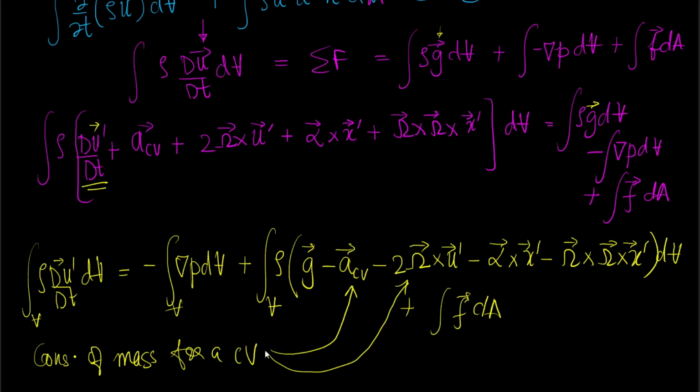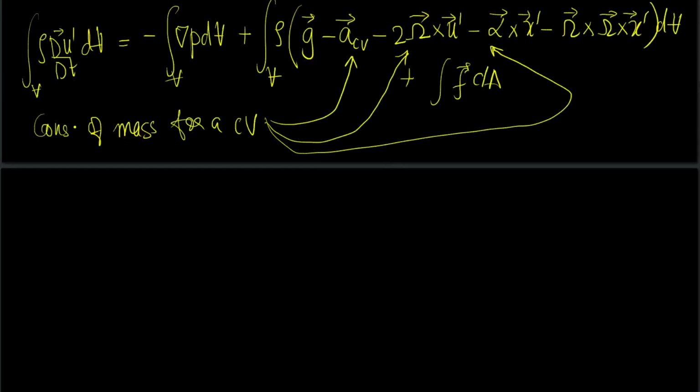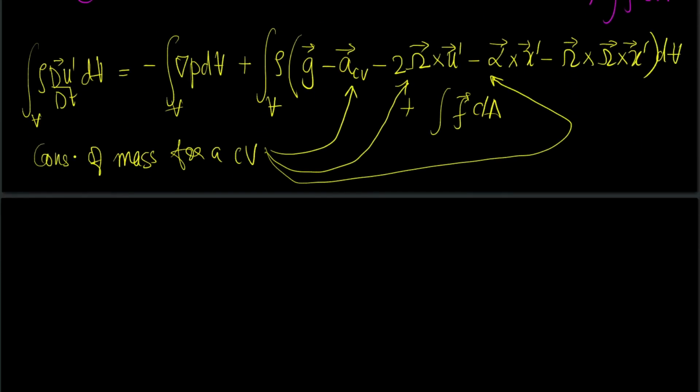If additional information is given about the angular acceleration, it is accommodated over here. So all these in the non-inertial frame are understood to be pseudo forces. This particular pseudo force happens when a control volume is accelerating.